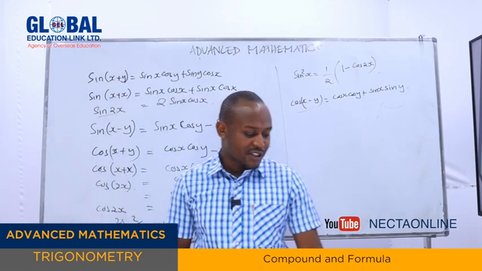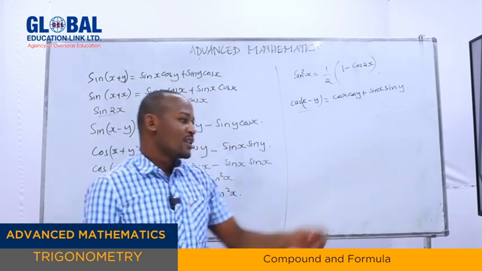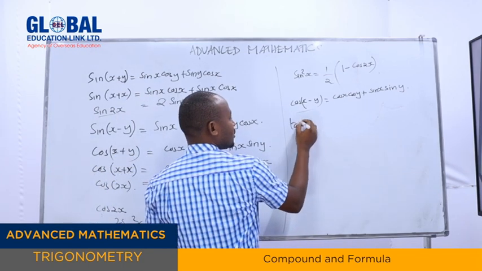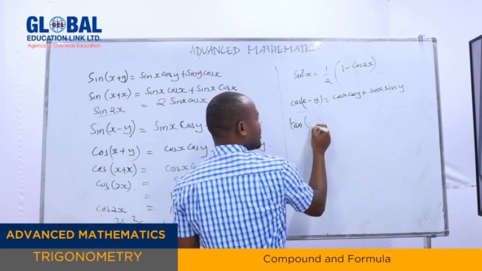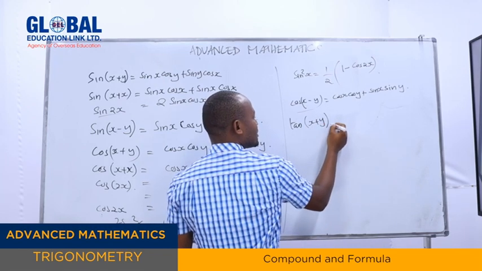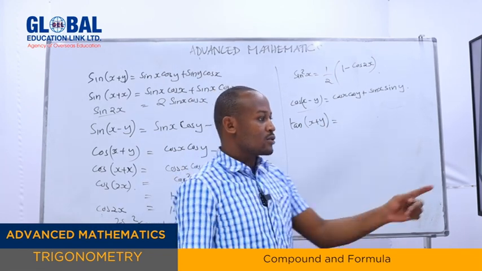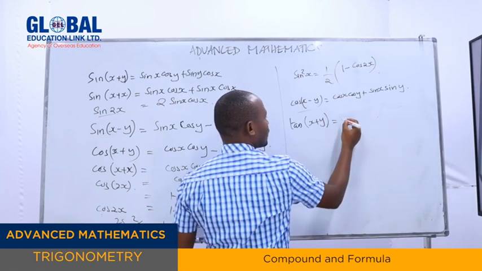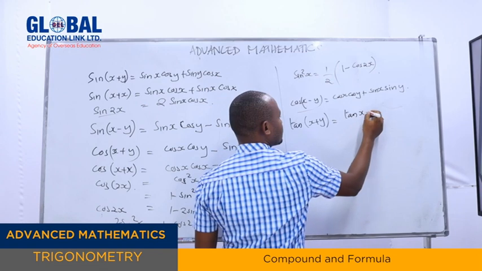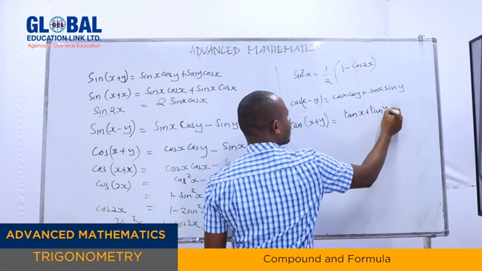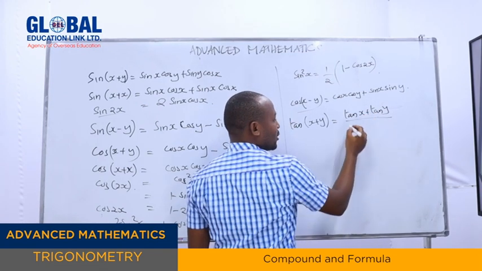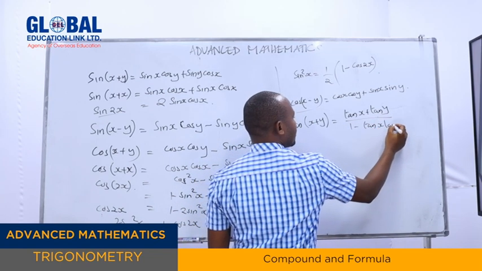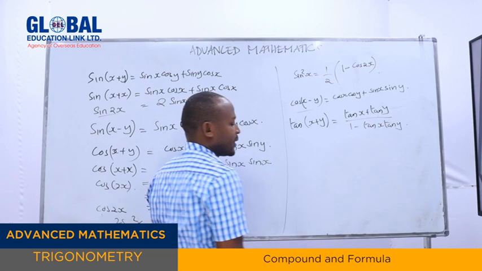Now let's see tangent. For tangent, we have tan(x + y) equals what? Equals (tan x + tan y) over (1 - tan x tan y).